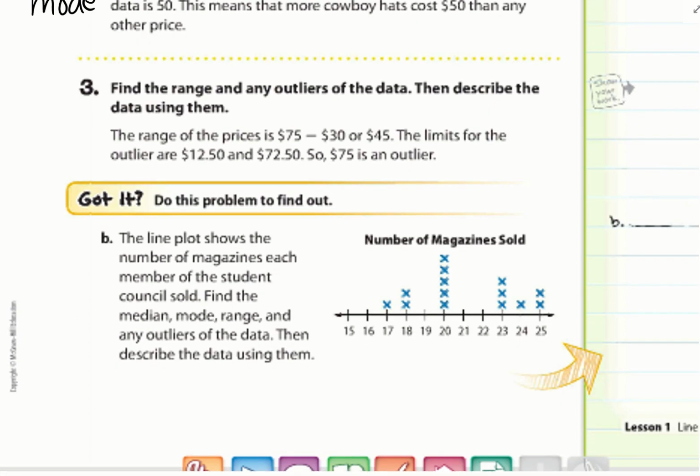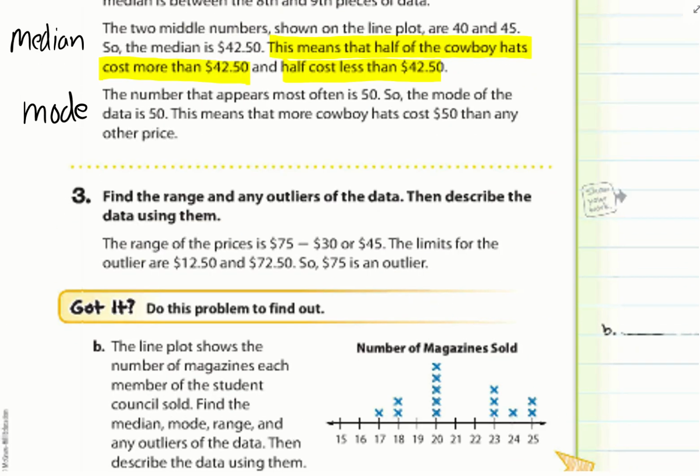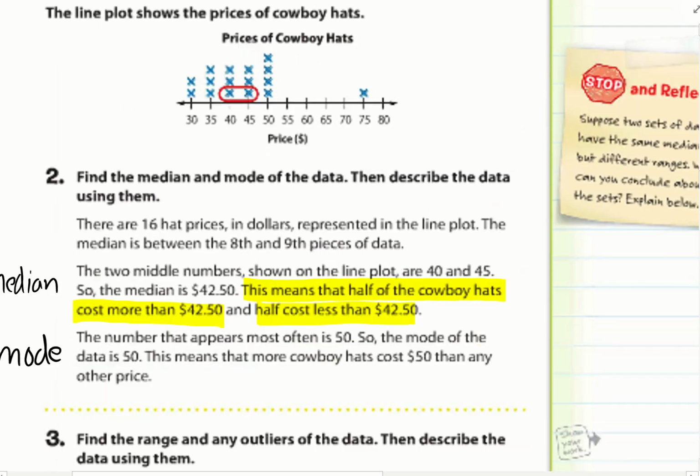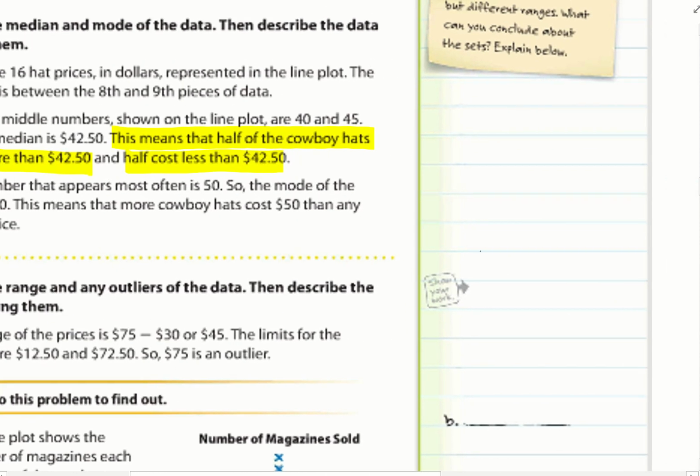So example 3: find the range and any outliers of the data, then describe the data using them. The range of the prices is $75. $75 is the most, so I'm going to make a little note here.